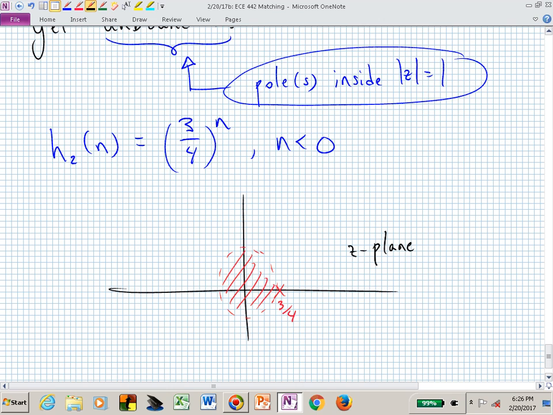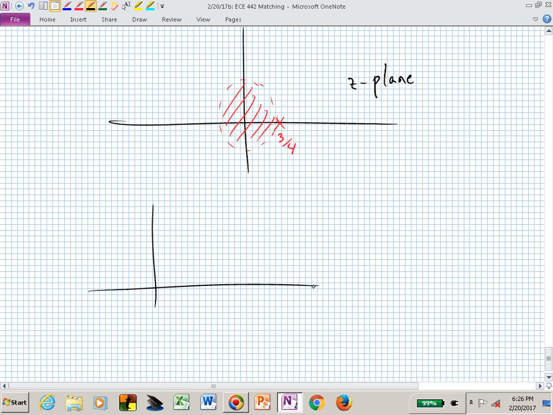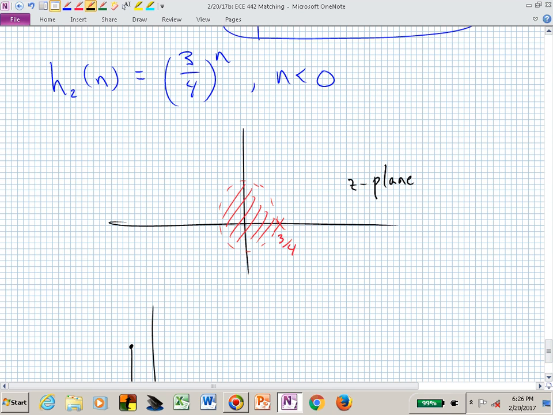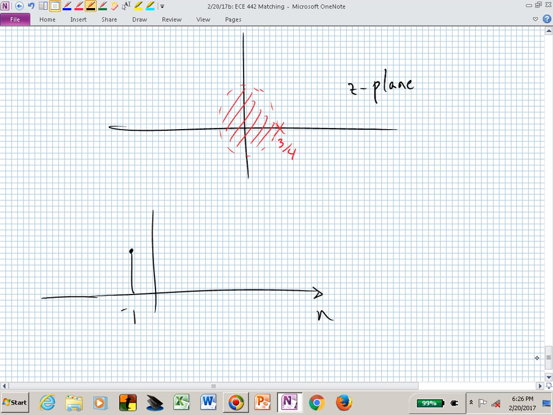My response in this case, not sure why I made it so far to the right, but now I have at -1, I have 3/4. Well, let's say that I had a weighting or a scaling of 1, so this would now be 4/3. I now would be squaring that, 16/9.